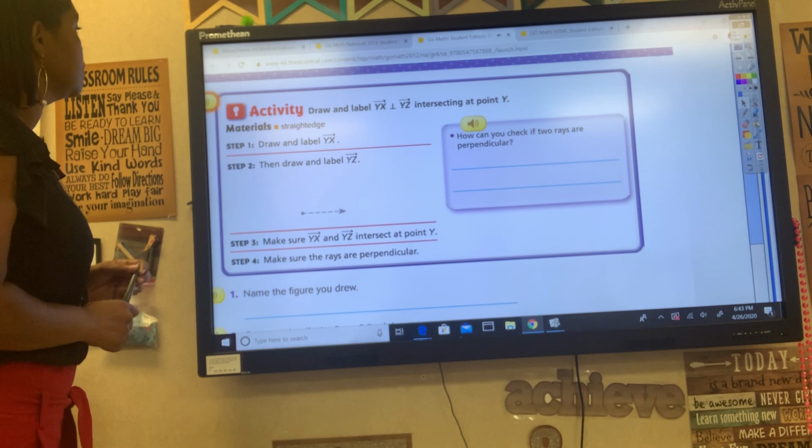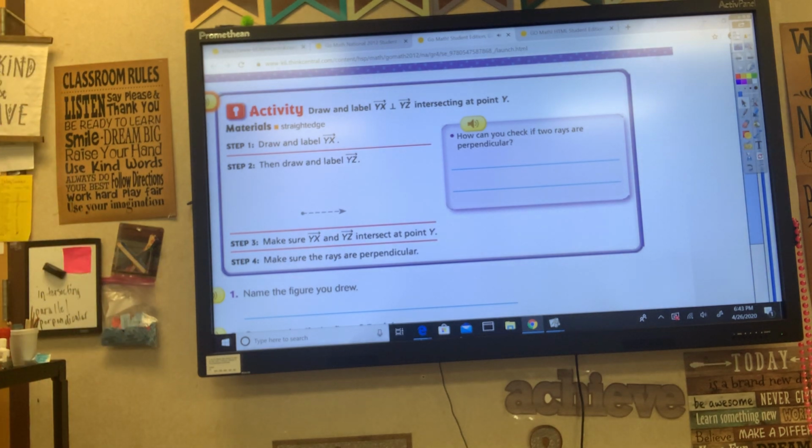Draw and label ray YX is perpendicular to ray YZ, intersecting at point Y. Materials, straight edge. Step 1. Draw and label ray YX. Step 2. Then draw and label ray YZ. Step 3. Make sure ray YX and ray YZ intersect at point Y. Step 4. Make sure the rays are perpendicular.